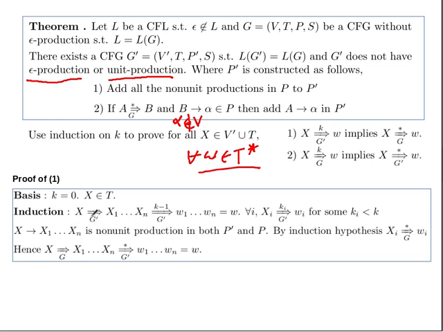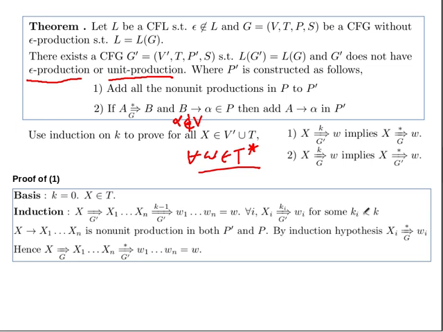And then if we have this and K is not 0, that means the first step is some production in G prime, right? And then this thing expands into some W1 up to Wn, where each Wi is expanded from this Xi here, in Ki many steps, where Ki is at most K minus 1, because this is just a sub step here.